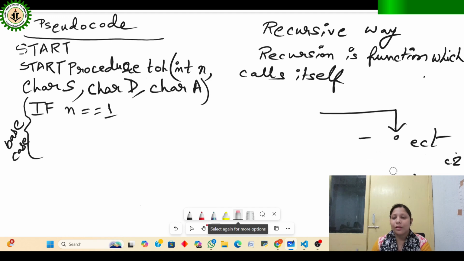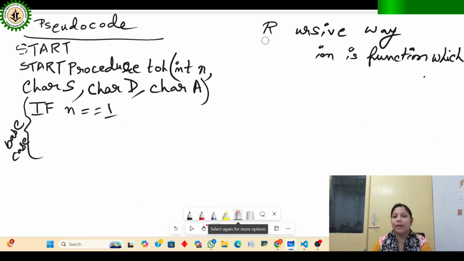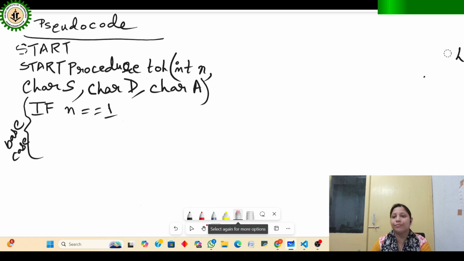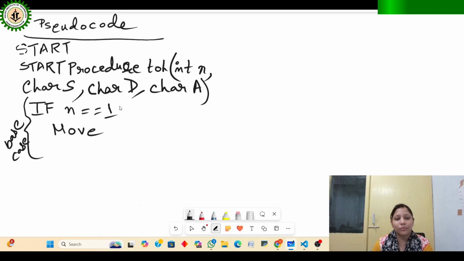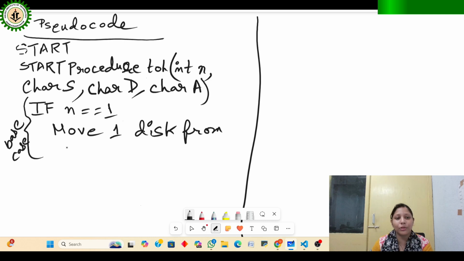Now, after the base case if n equal to 1, we will write move one disk from source to destination.